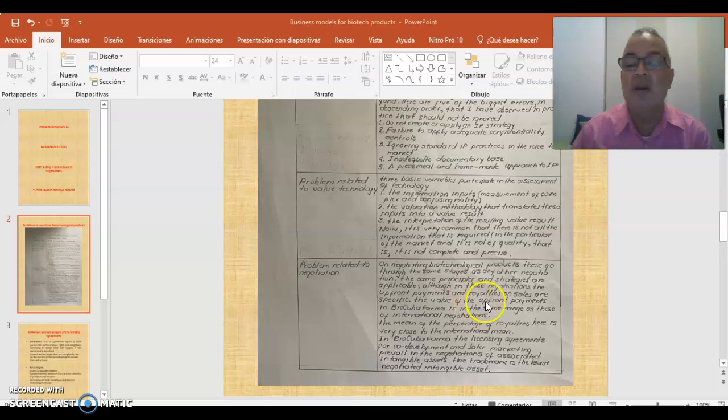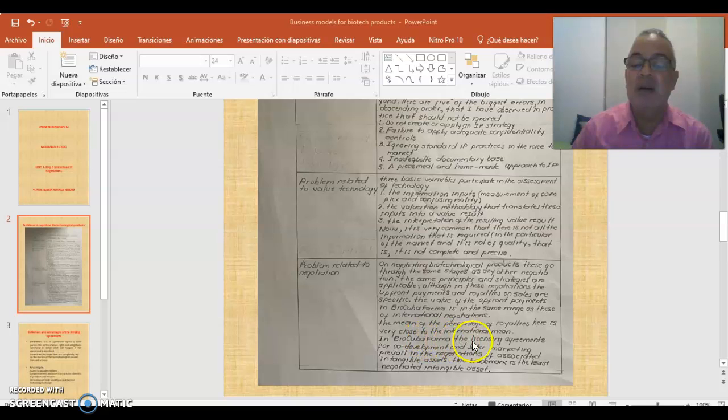The value of the upfront payments in Biocuba Pharma is in the same range as those of international negotiation. The mean percentage of royalties here is very close to the international mean.